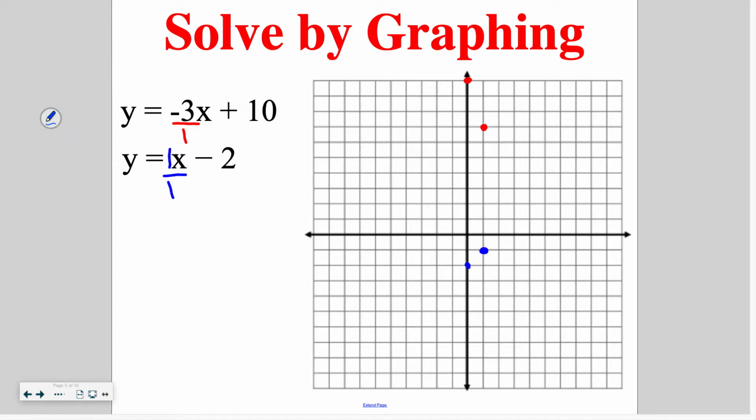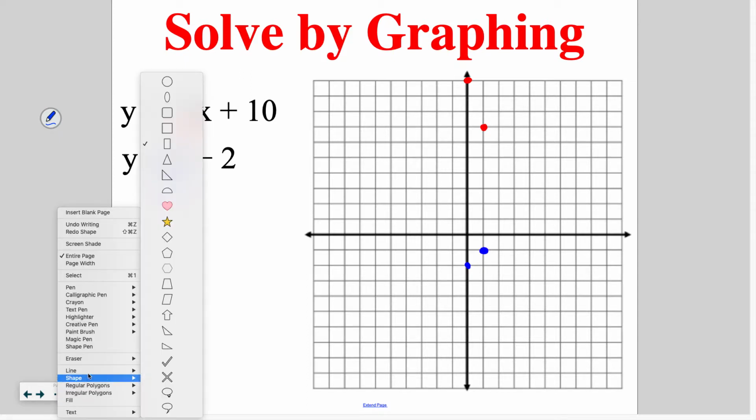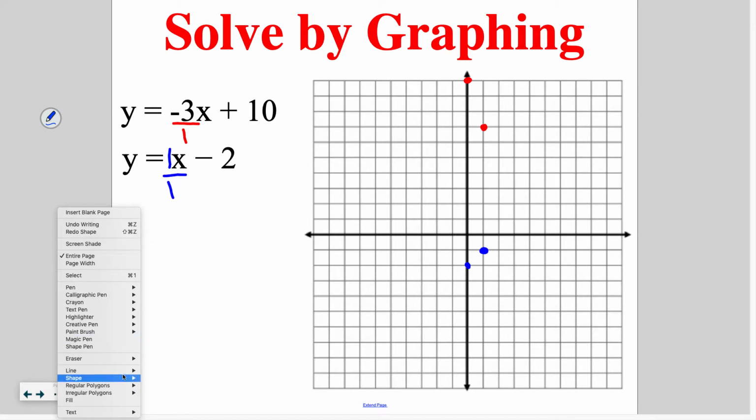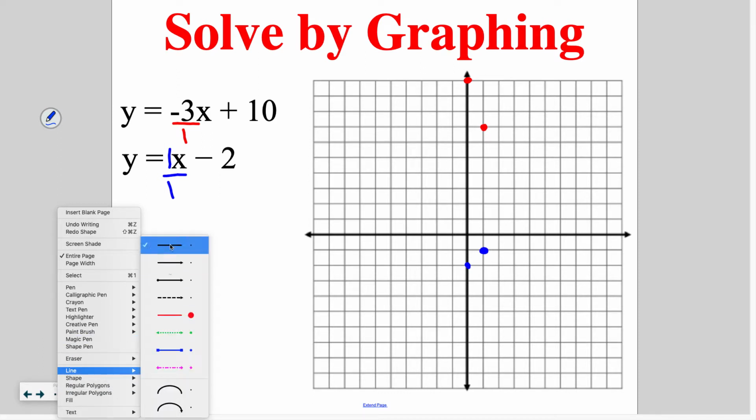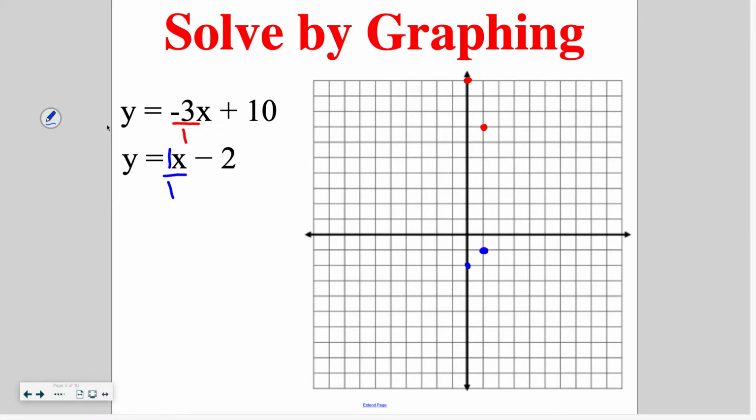Now, when we are drawing in those lines, it is very important that you are using a straight edge, whether it's a ruler or a notebook or a note card, anything with a straight edge, because it's important that these lines are as straight as possible. We also want to make sure that we are going through the entire space that the graph allows us, because it could intersect anywhere on the graph.